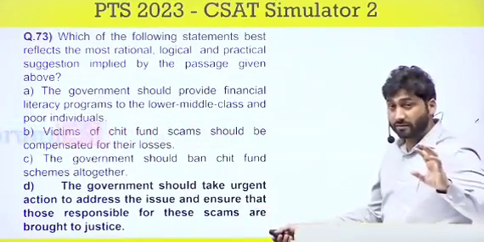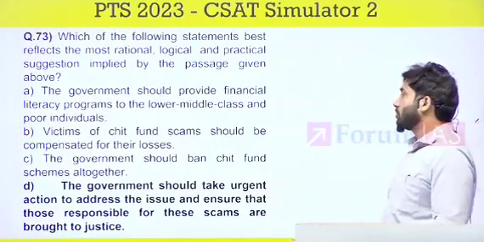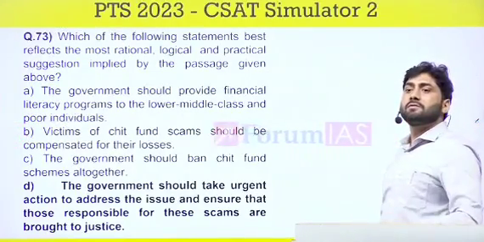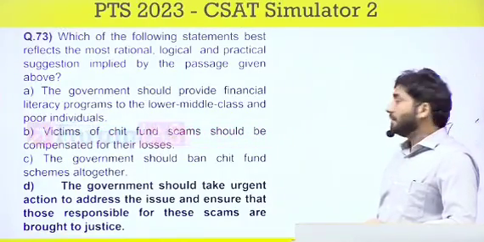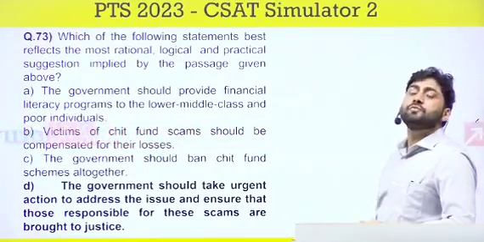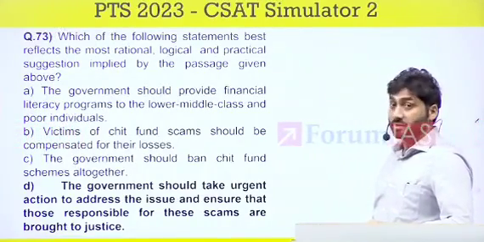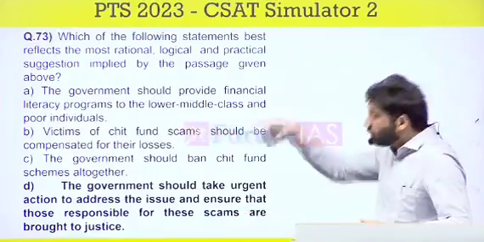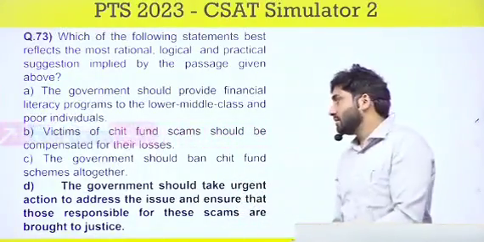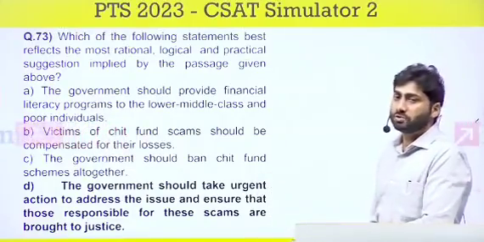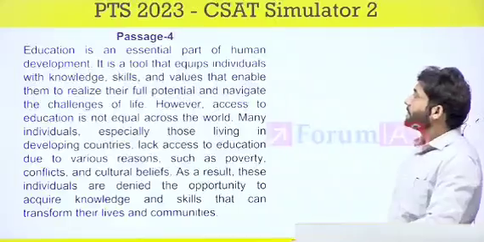That is one of the major reasons it's flourishing, because they're not brought under the wheels of justice, I mean, under the legal tangle. They're using loopholes from the existing laws, and running away from justice. That is where the bigger problem lies. We have to limit ourselves to the context of the passage only. So in that context, you can conclude this is the best logical, rational, practical suggestion. Next.